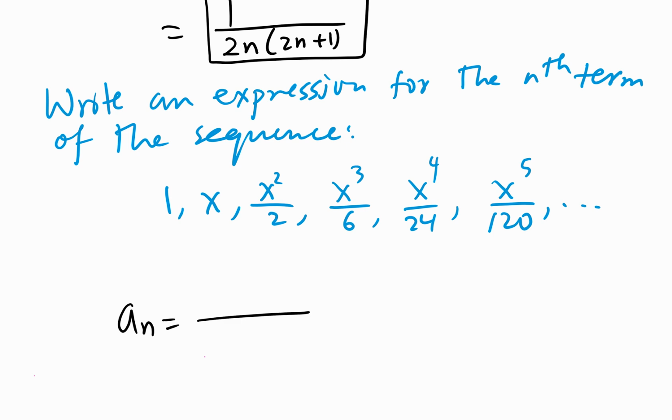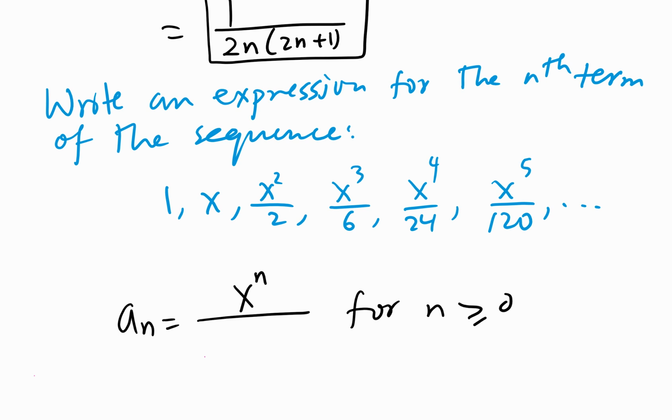On the top, it looks like x to the n. Like if n starts at 0, you get x to 0, which is 1, and 1 you get x, and 2 you get x squared. Let's see the bottom one. It's like 1, 1, then 2, then 6. Oh, what is that? It doesn't look like a pattern, like 2n or 2n plus 1 or 3n plus 1 or minus 2.